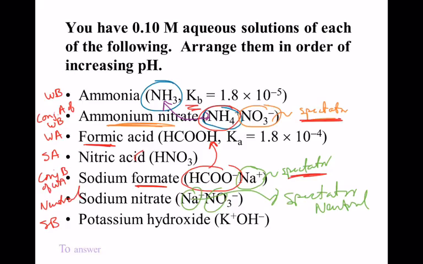So I would do this first, and then which one do you think is going to have the greatest hydrogen ion concentration? The nitric acid. I agree. Number one. How about the next one? Formic. I agree. You're 2 for 2. How about the next one?